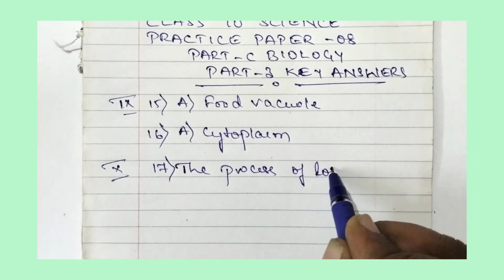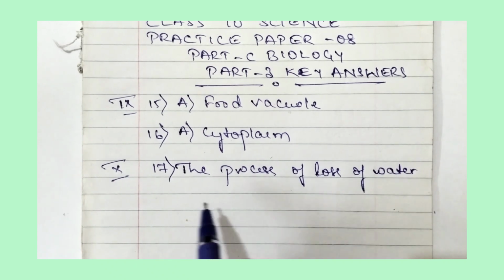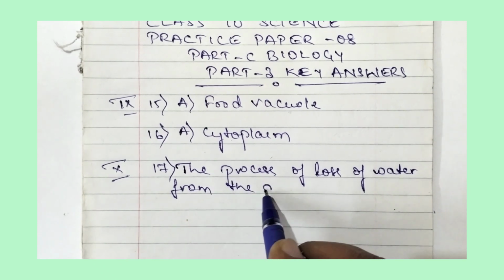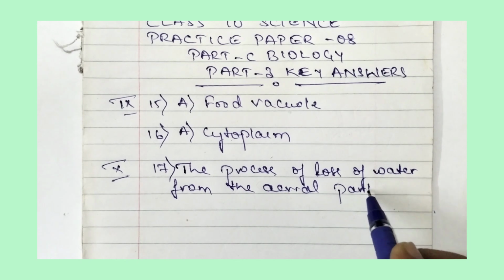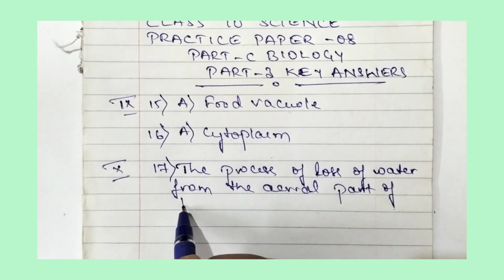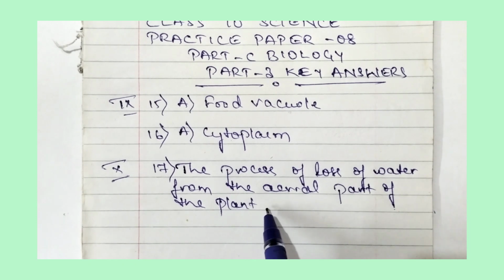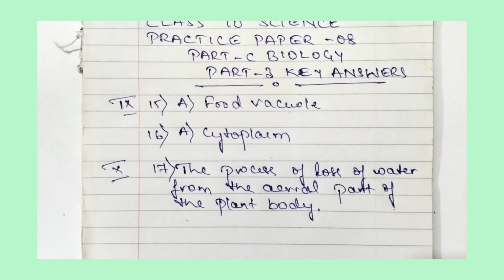The process of loss of water from the aerial part of the plant body is called transpiration.